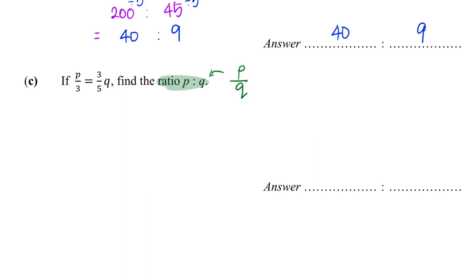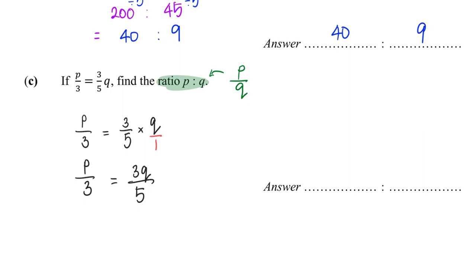Okay, so that is our objective. We will eventually try to make sure we get the fraction for P over Q. Starting with P over 3 equals to 3 over 5 times Q. This is Q over 1. So I will have this first.